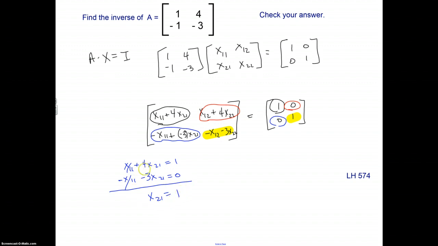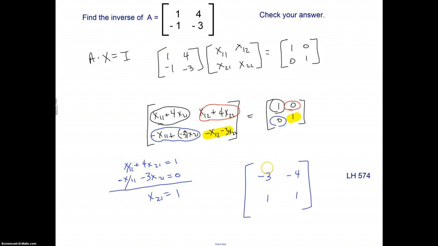I could then go back and substitute that in here and find out what x sub 1,1 is, and then continue on in the same way, create 2 more equations for the other 2 elements, and solve them all out. If you want to go ahead and do this, you should get a solution of -3, -4, 1, and 1.